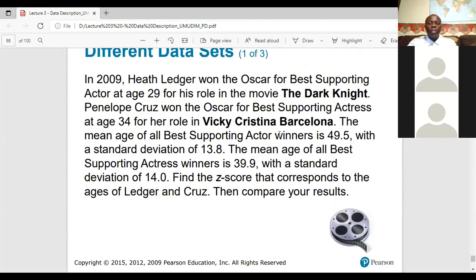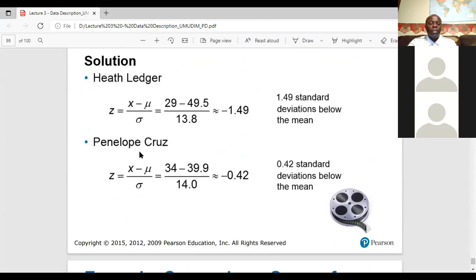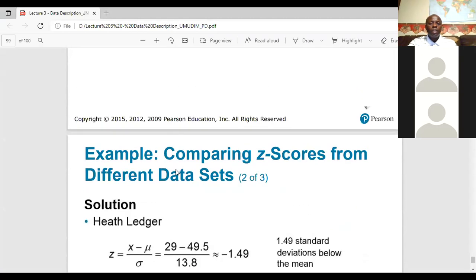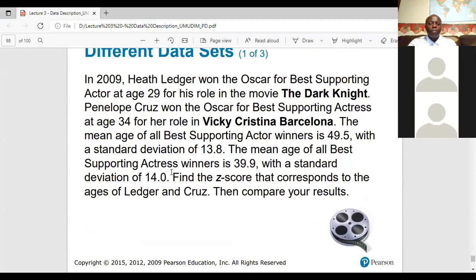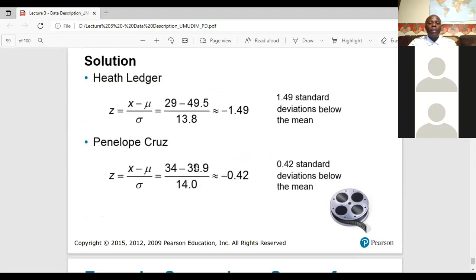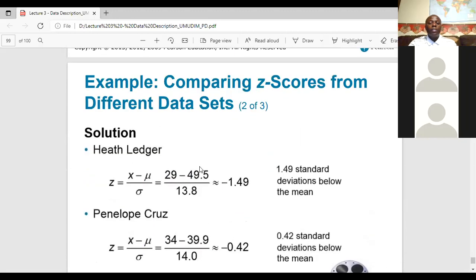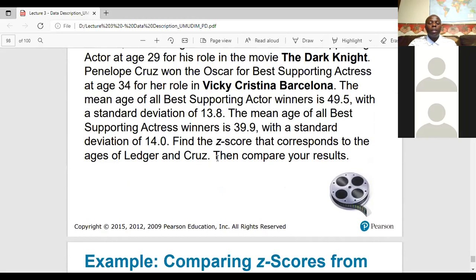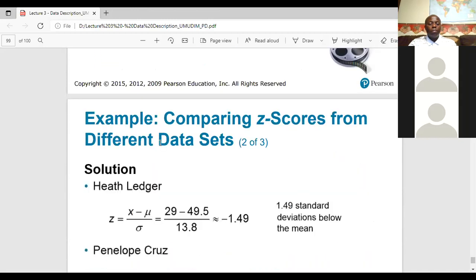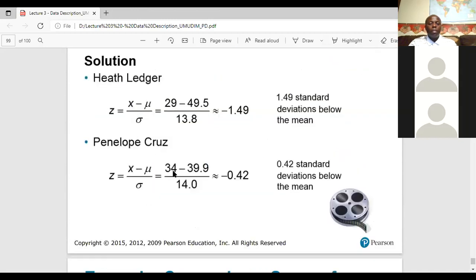For Penelope, she won it at the age of 34 years, so X is 34. And for the best supporting actresses, the mean age of winning is 39.9. You can put 39.9 here. And the standard deviation is 14, you can put it here. Then you subtract and divide, like we did here.